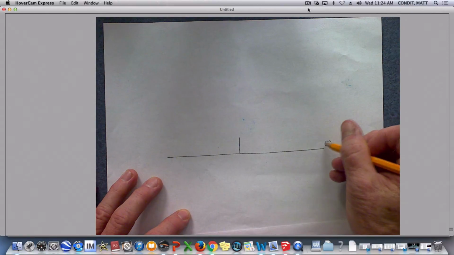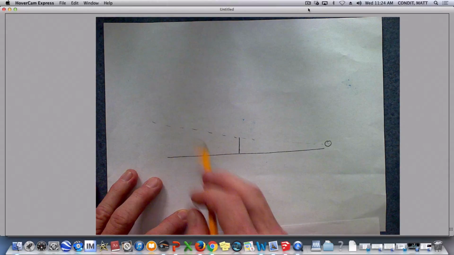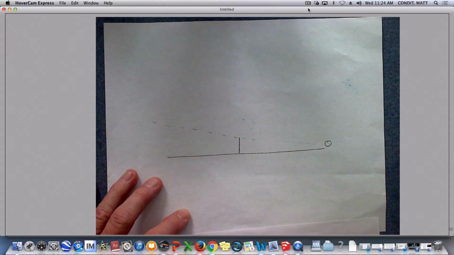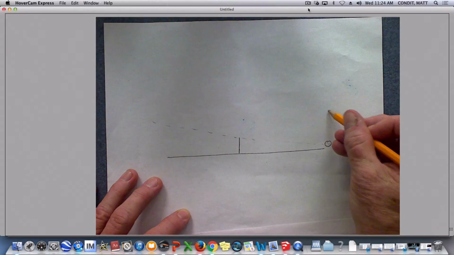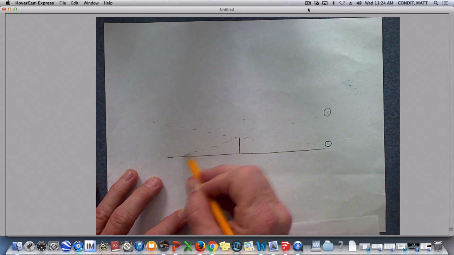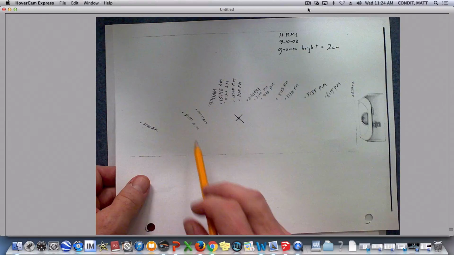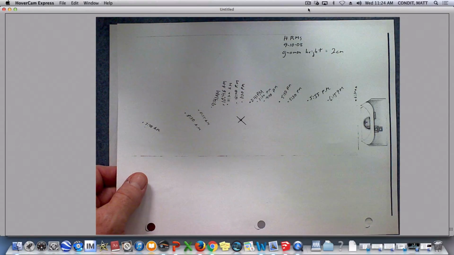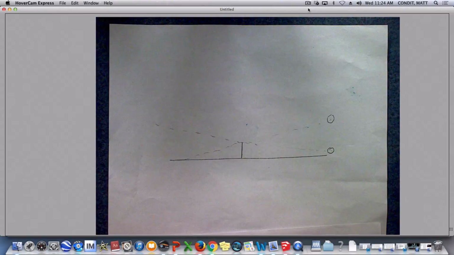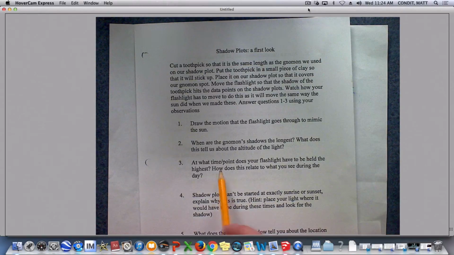That means the light is going to hit the gnomon like this, and we're never going to get our shadow triangle to hit the ground. The sun has to come up a certain distance in order to get a shadow point that is going to hit our paper and make a dot for us. So we can't do that, because the shadow points aren't going to hit our paper if we do it right at sunup or sundown.